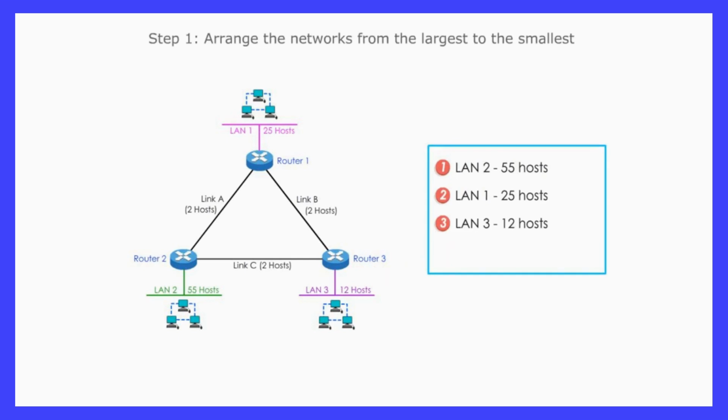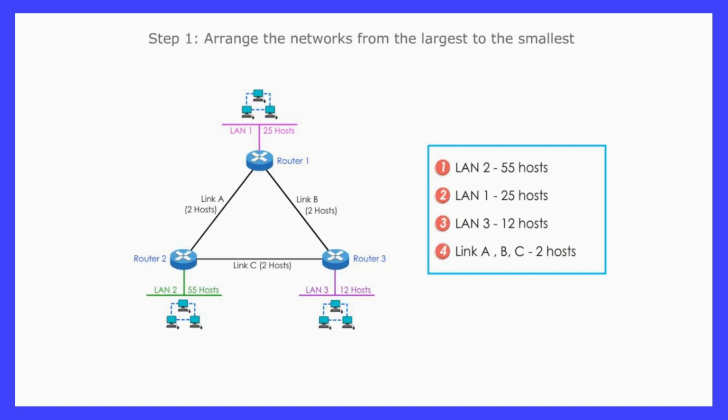And the fourth, or the smallest one, links A, B, and C. These 3 networks can be arranged together because they are of the same size. Each subnet needs 2 host IDs. Once they are in descending order, we need 4 more steps to complete our task.